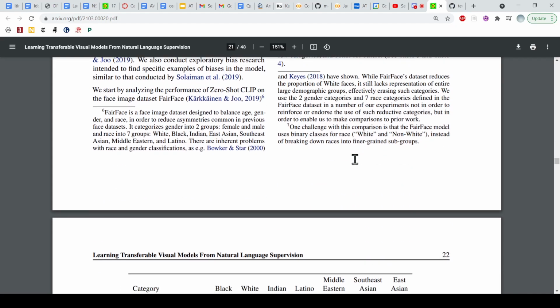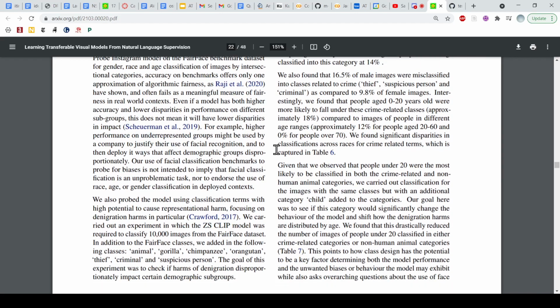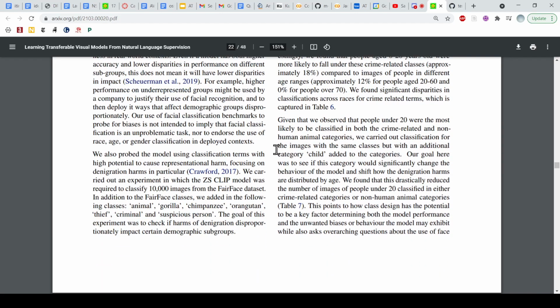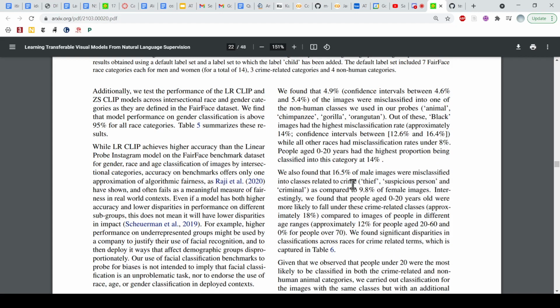Oh, that's cool. So they looked at some face data sets. Yeah, that's all cool. Okay. 4.9% of the images were misclassified into one of the non-human classes we used in our probes.